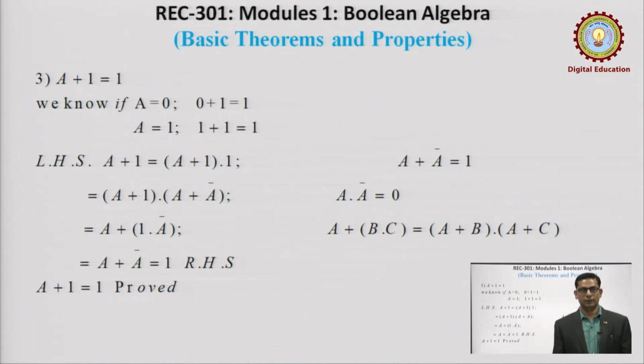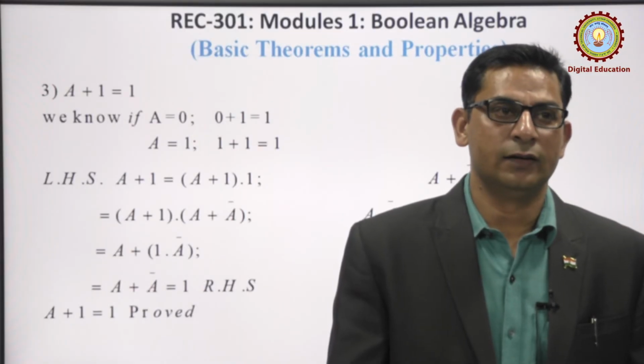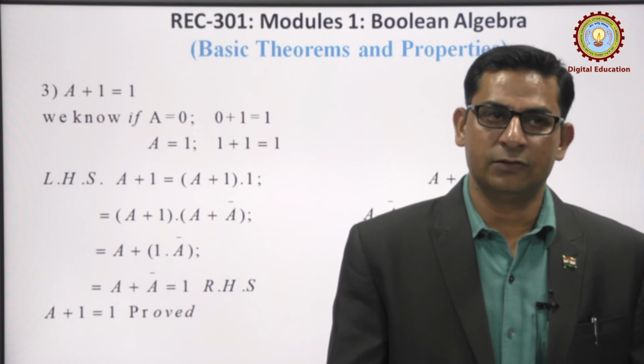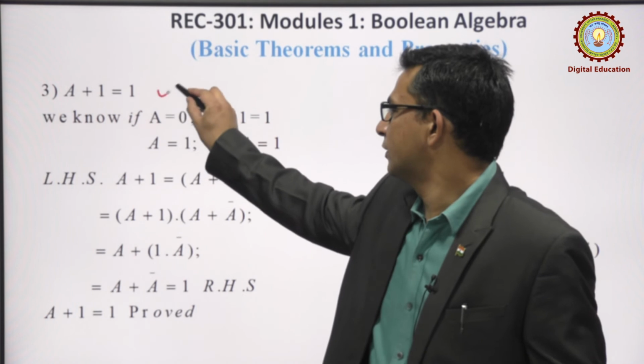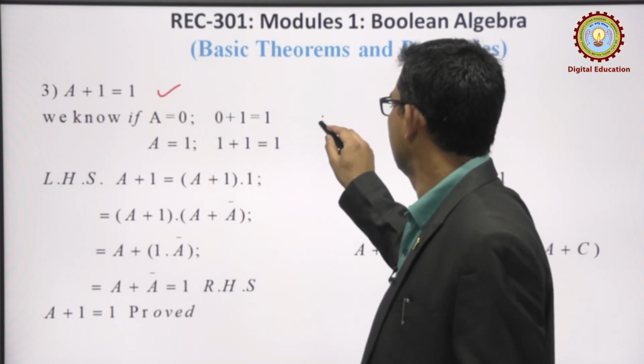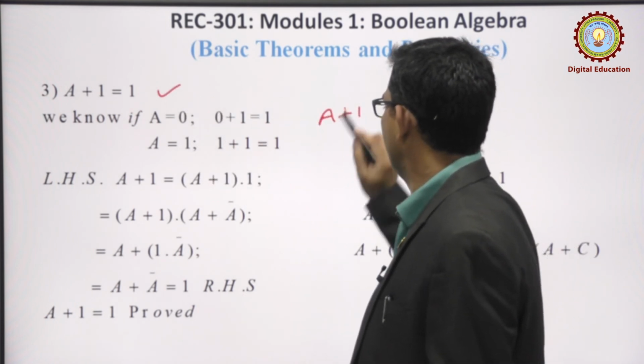Now, example number 3 or theorem 3, here A plus 1 is equals to 1. Okay. We know if A is equals to 0, what will be the output from this equation, A plus 1.